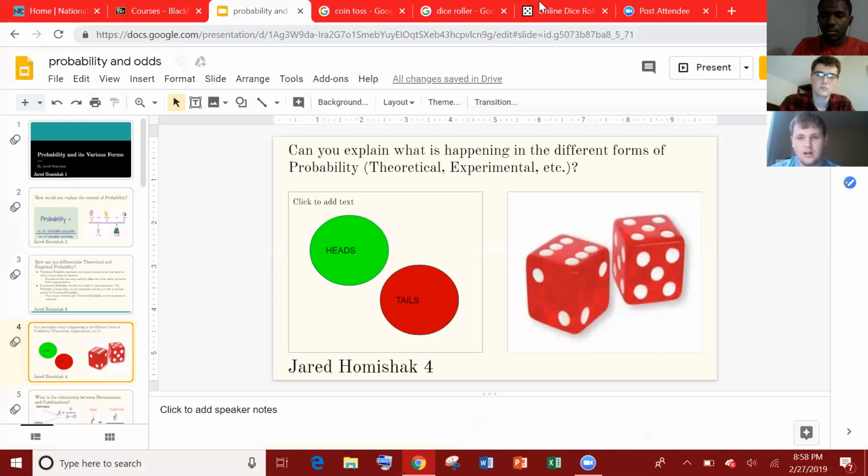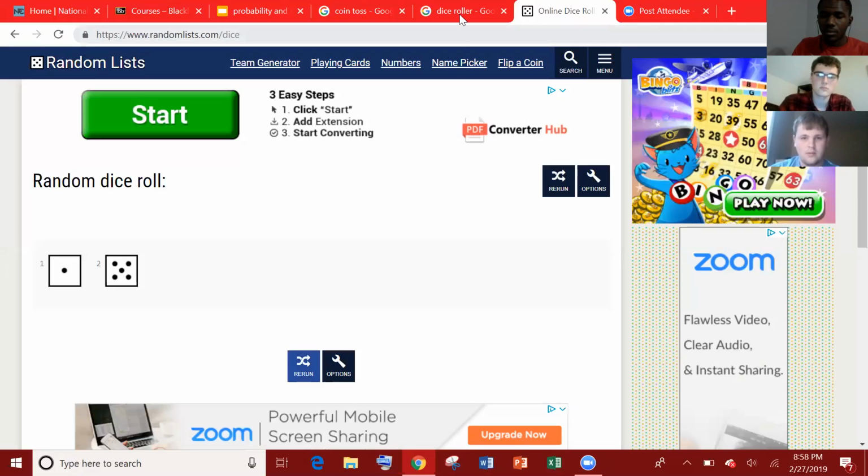If you follow along with me, we can roll 2 dice a number of times. Let's say, what are the odds again of getting a double? Let's do it about 5 times. Once? Nope.